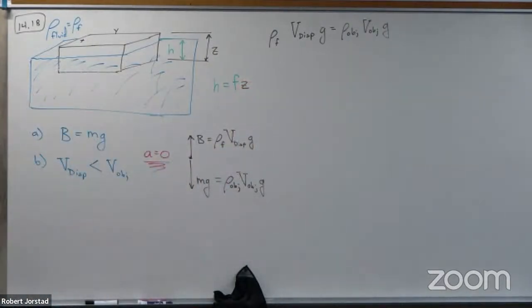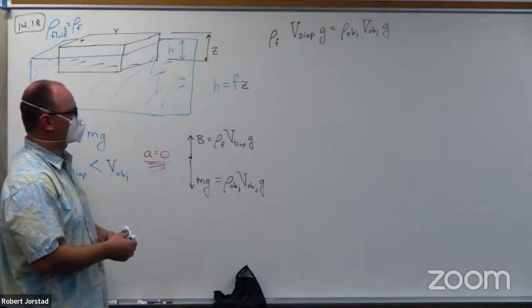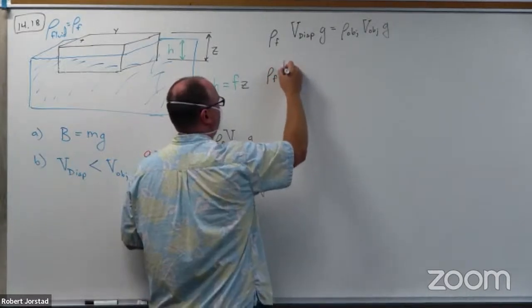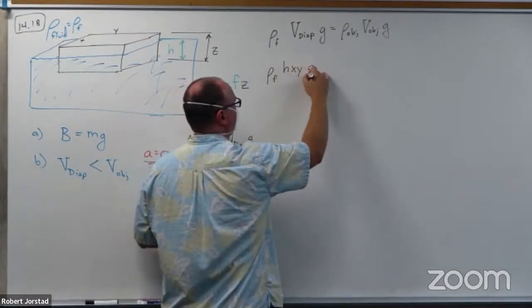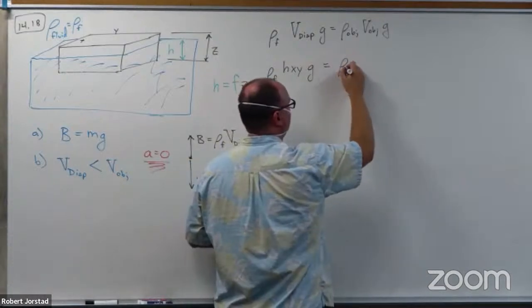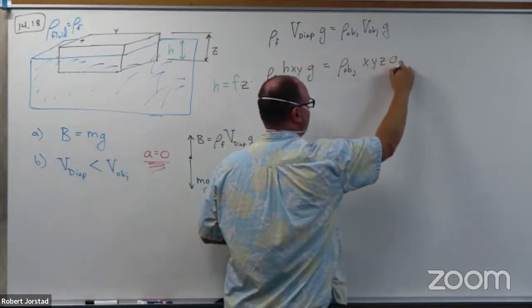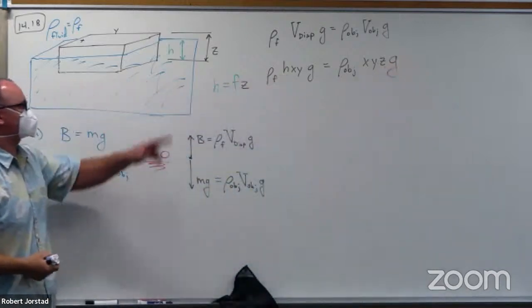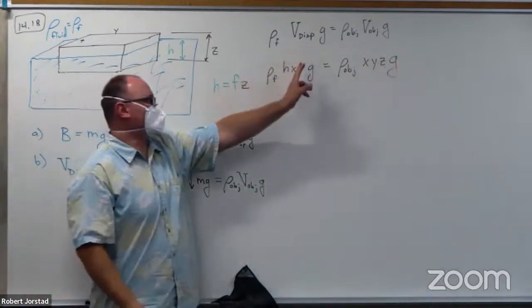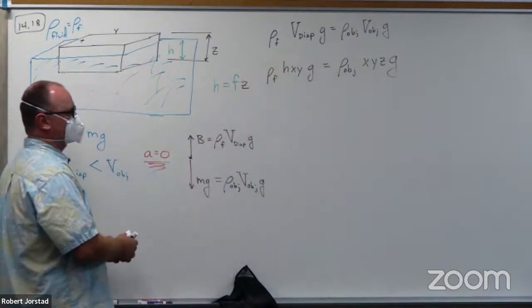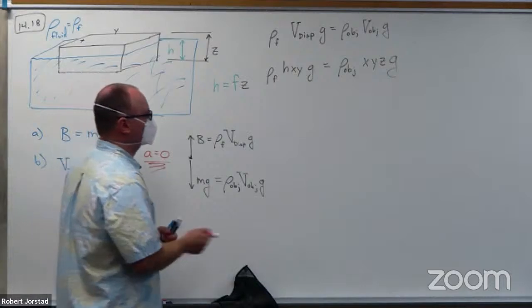It's getting you used to the style and how these work out. Well, when I plug that all in, the main difference is on this side, the displaced volume uses H, or some fraction times Z. And notice what drops out.